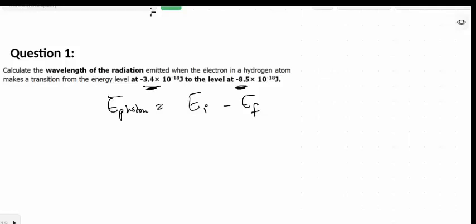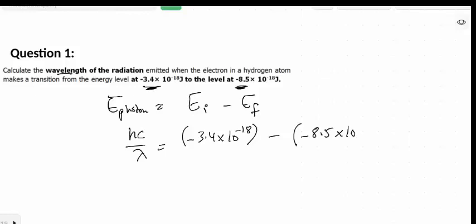You see? We don't need the energy of the photon. We're looking for the wavelength. So we can replace E photon by hc over lambda. And here, E initial is minus 3.4 times 10 to the power minus 18, minus minus 8.5 times 10 to the power minus 18 joule. Okay, it's perfect to have the answer in joule because this side is joule.